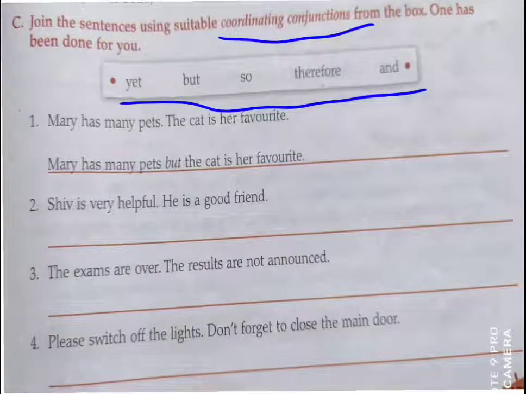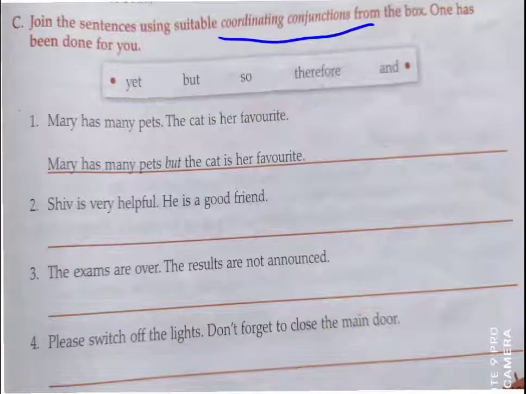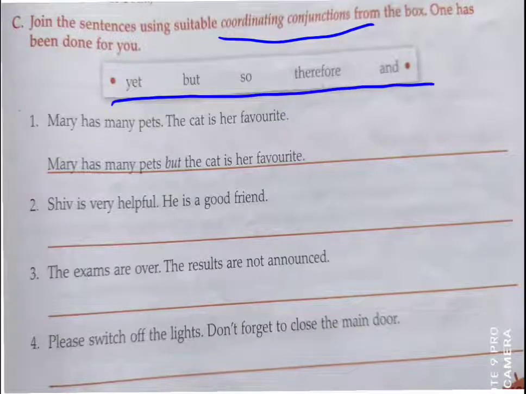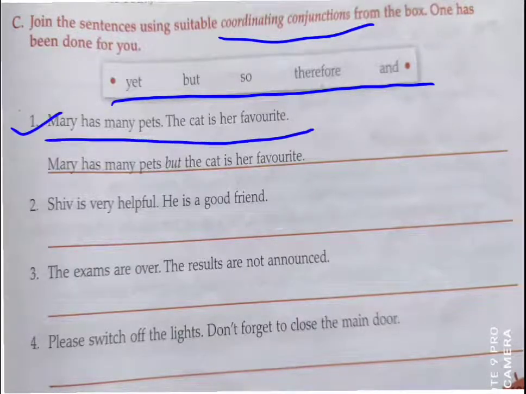So students, you have to join them by using these coordinating conjunctions: yet, but, so, therefore, and. Now look at the first example. Mary has many pets. The cat is her favorite. Now these two sentences we have to join by using these conjunctions, and we have to make one sentence.